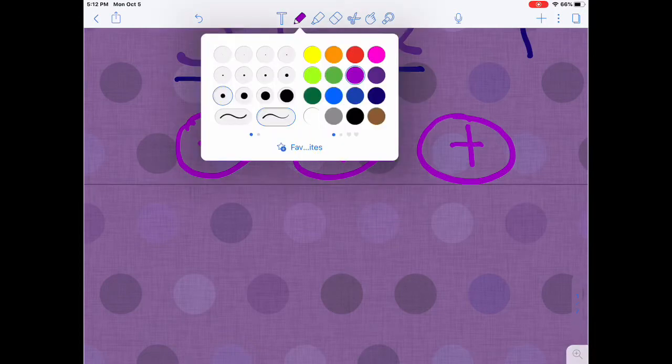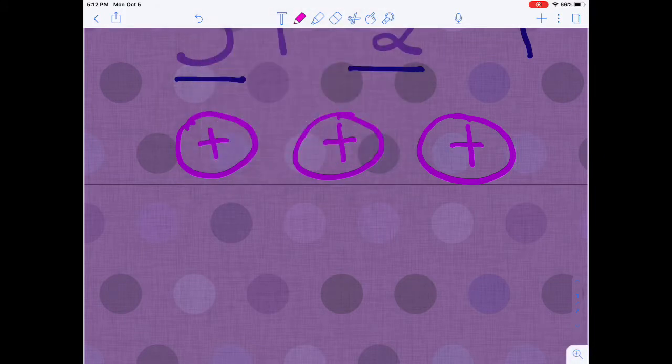And let's say I'm going to talk about 3 negatives, or I'm sorry, 2 negatives, because we're going to say plus 2 negatives. So these guys cancel each other out, right? And then I have this positive 1 left over.